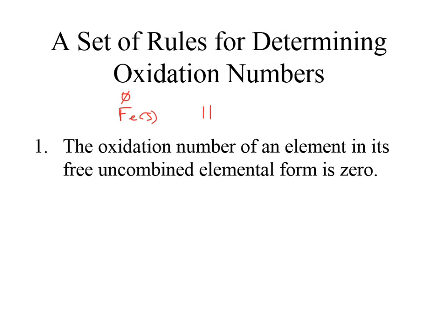If it's H2 gas, its oxidation number is 0. Notice how H2 is in its elemental form, uncombined with anything else. You kind of get the idea. If it's aluminum solid, its oxidation number is 0. So that's kind of fun. That's one of many rules.